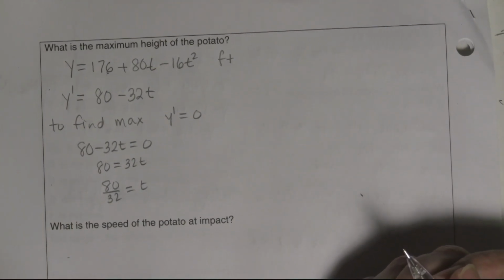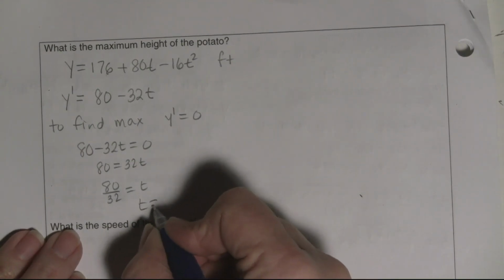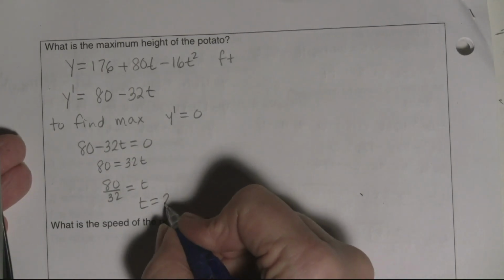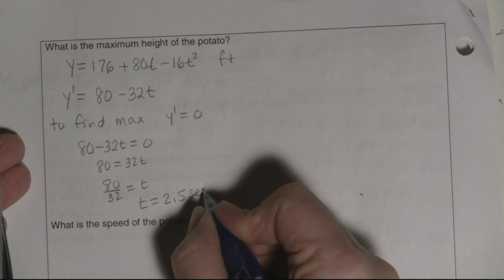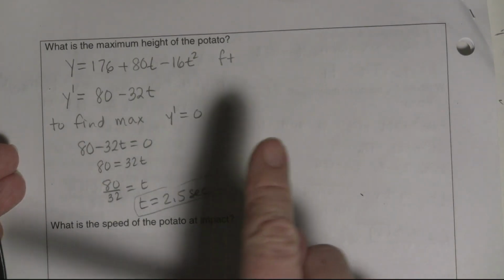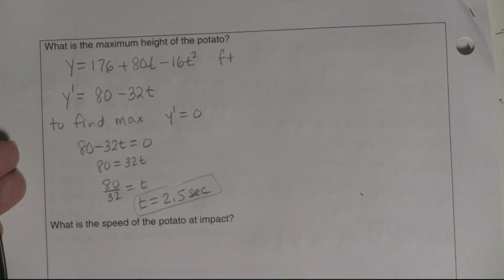And so surely that reduces, right? This would be in seconds, 80 over 32. Oh, 2.5 seconds. Now, I don't think that's what they were asking, though. They asked, what is the max height? And now we found when it happens. It happens at 2.5 seconds.